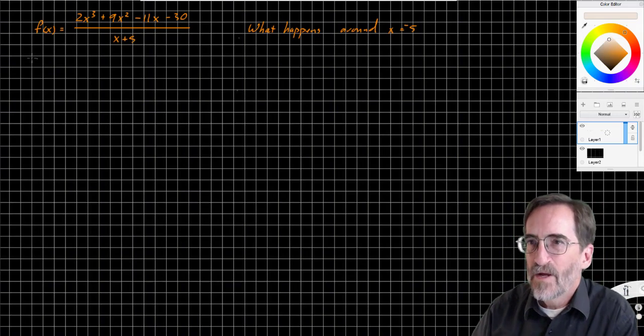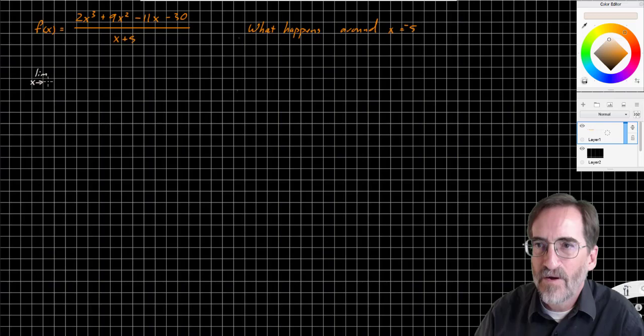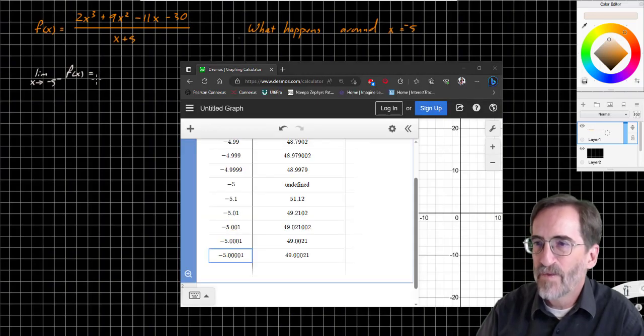We say the limit as x approaches negative 5 from the left, that negative sign means from the left, of f of x is 49.